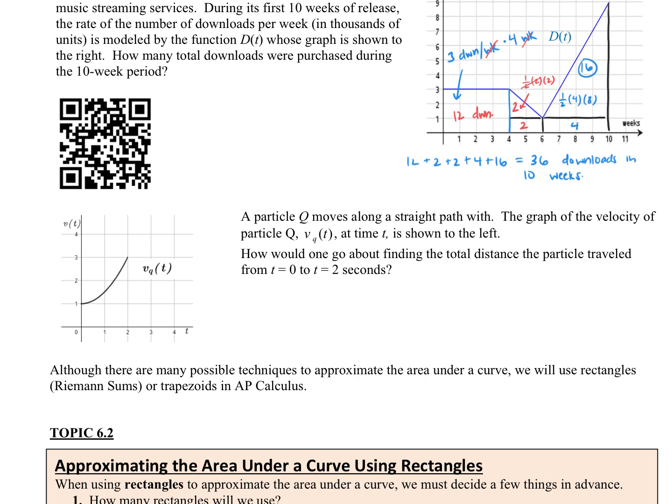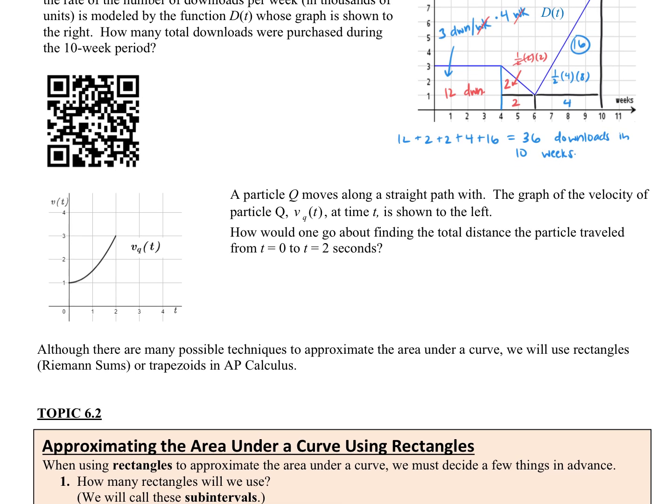But if I made a rectangle here, is that going to give me the area underneath the curve? Not exactly, right? So what we are going to do is find the area underneath the curve by using rectangles.